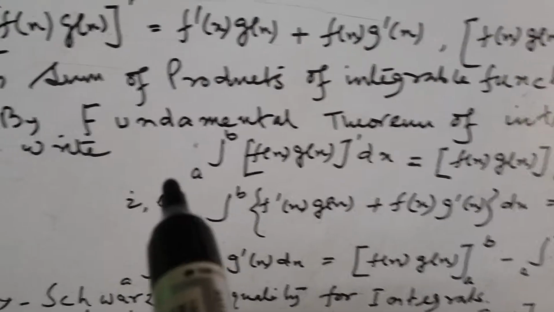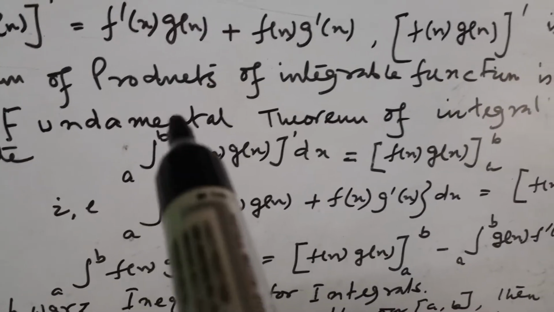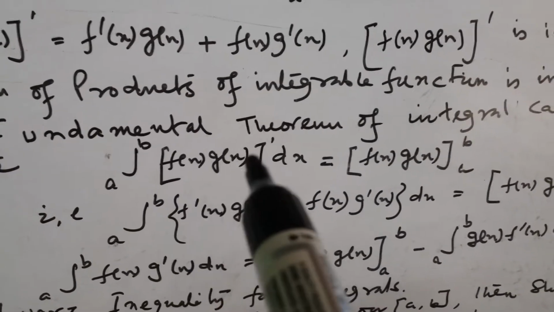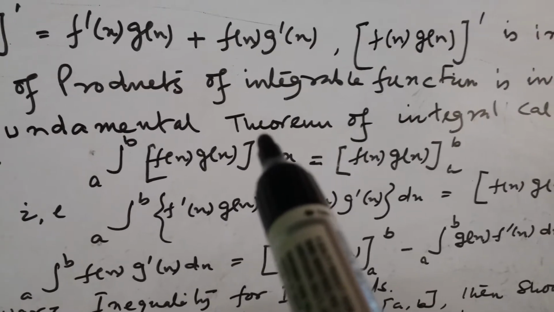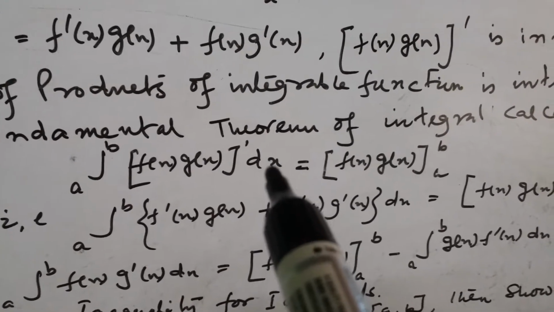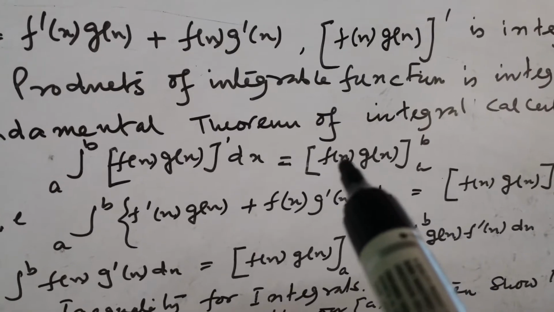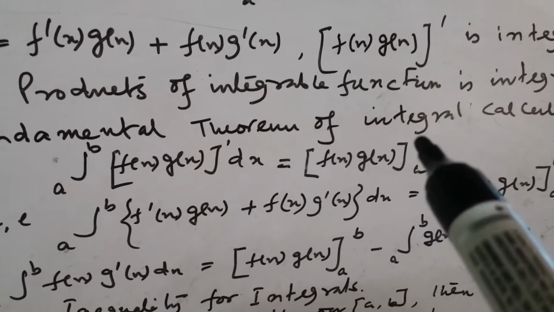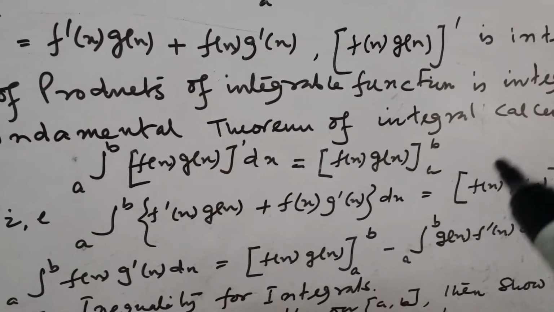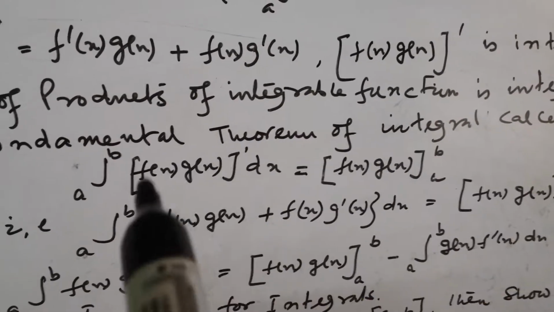So you can apply the fundamental theorem of integral calculus. What is the fundamental theorem of integral calculus? The integral from a to b of the derivative of f(x) g(x) dx is equal to [f(x) g(x)] from a to b. This is the fundamental theorem of integral calculus.